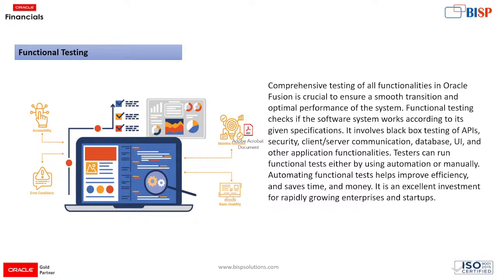So yesterday we have gone through that, and today, in the functional testing, as a part of the data migration process to Oracle Fusion, it is important to test all functionality to ensure that it works as expected. This involves creating invoices, generating reports, and managing payrolls and all other relevant operations. By thoroughly testing these functionalities, any issues or errors can be identified and resolved before the system goes live.